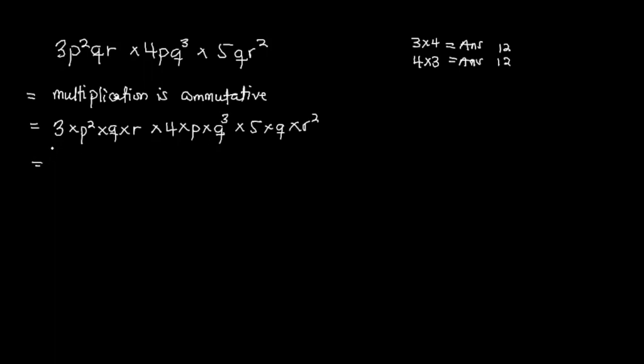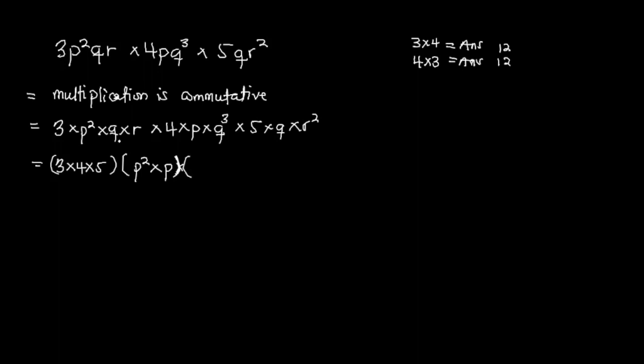Now if I expand it like this, then I can decide to multiply number by number, then each variable by the other. So I have numbers over here. I have 3, so I can write 3 multiplied by 4 multiplied by 5 as one group. Let me put that in bracket. Then I have p here, so I can multiply the p squared multiplied by this p, and that is the end, so this one closes over here.